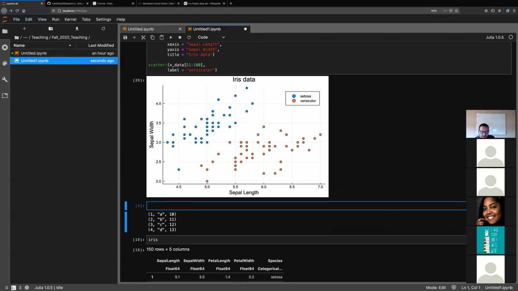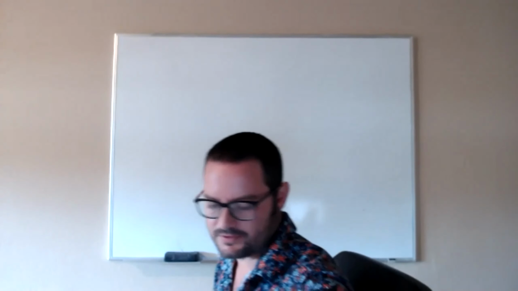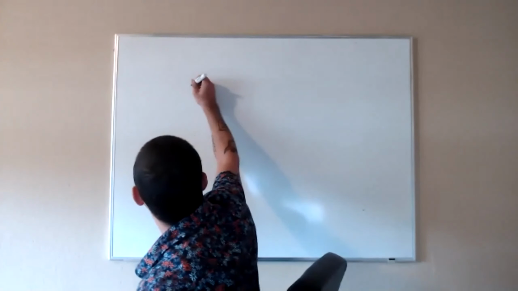I'm just going to say, okay, now we need to write a function for the sign function. So we're going to say function sign of weights and a vector x. Recall from last time that the weights and the vector x have different sizes. Just make sure that we nail this down.